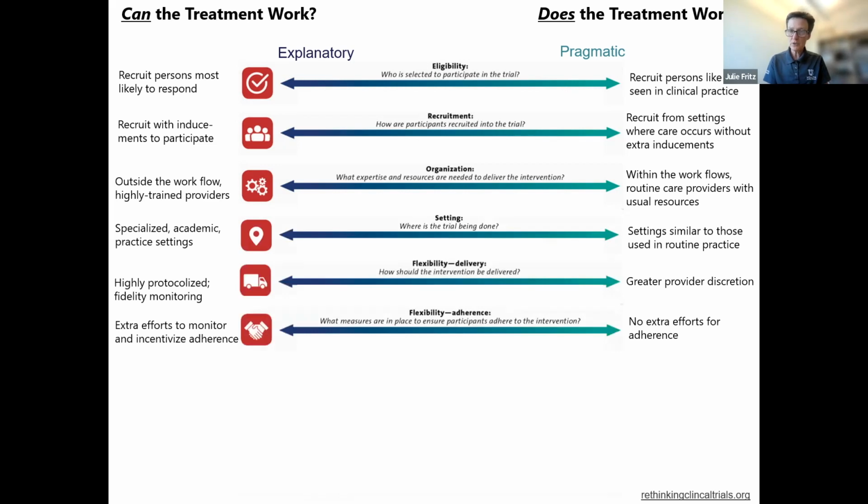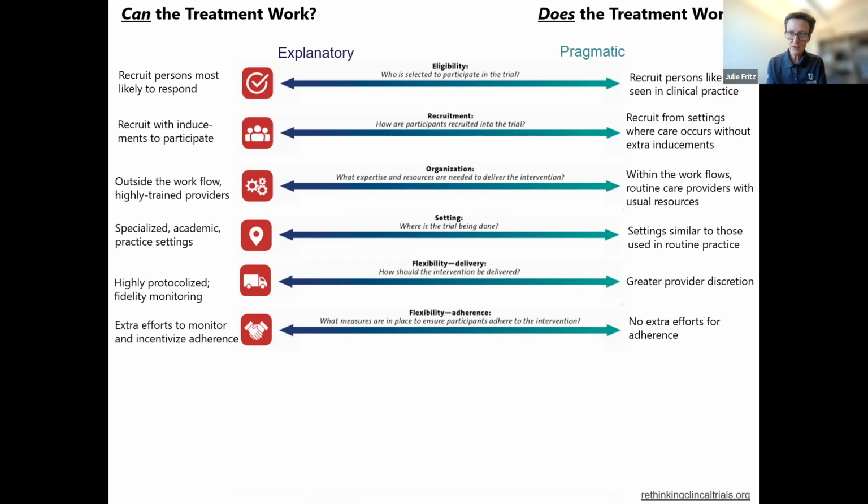The setting is an important consideration. A pragmatic approach uses those that are similar to routine practice versus very specialized, highly academic settings. And then the next two domains that are listed here are really relevant and important, particularly I think in rehabilitation interventions, to think about how pragmatic you want to be in a study and how to interpret the findings of various studies.